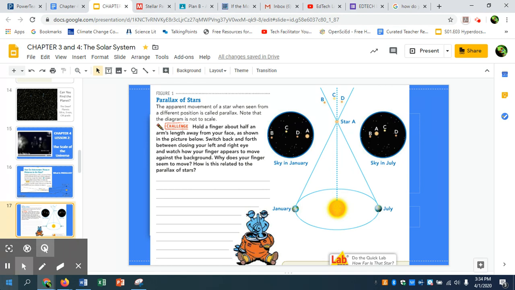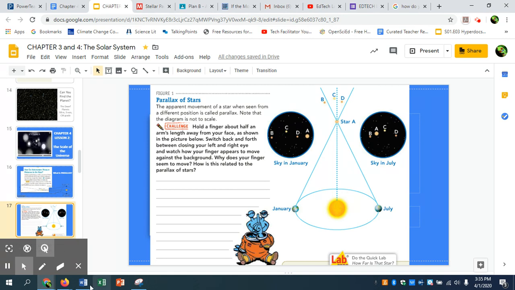And then the other question said, how does this tell us how scientists can measure parallax of stars? Well, in the same way that our eyes are in different spots, when the Earth is in different spots as it makes its orbit around the sun, we can then measure that difference in distance, that difference in perspective.